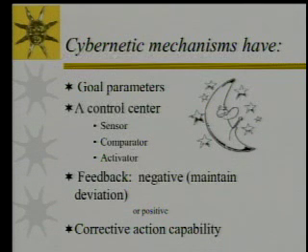The control center will have a sensor, a comparator, an activator. It will also engage in some kind of feedback, and in a corrective action capability as well. I'm going to go ahead and say that, and then I'll give you an example.